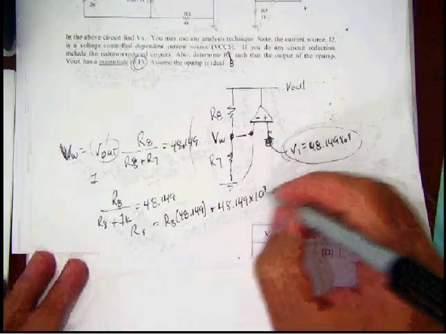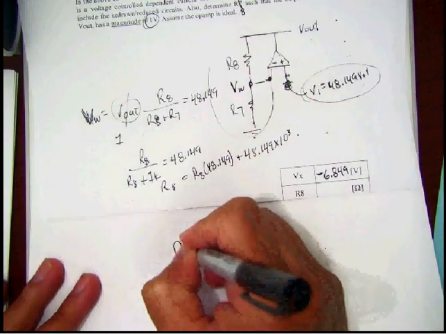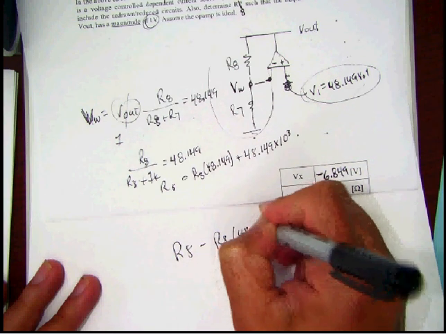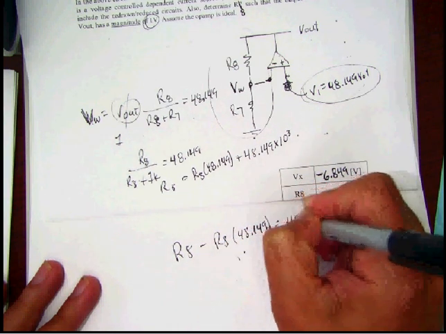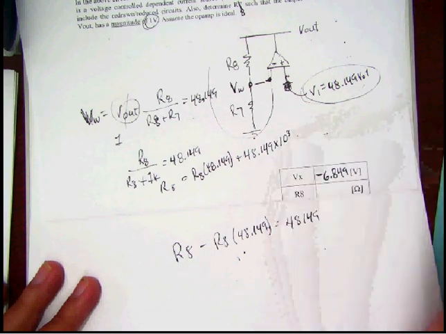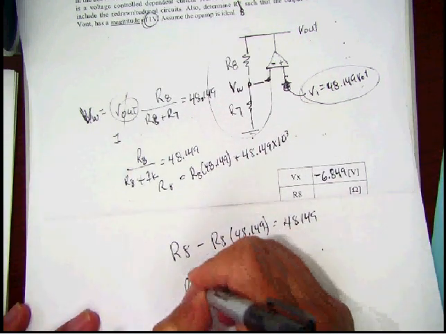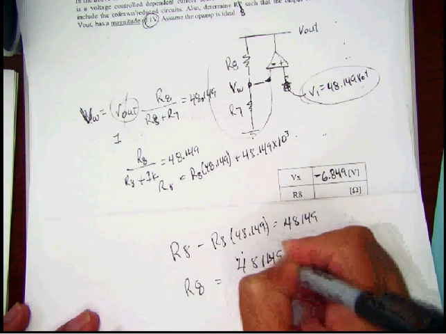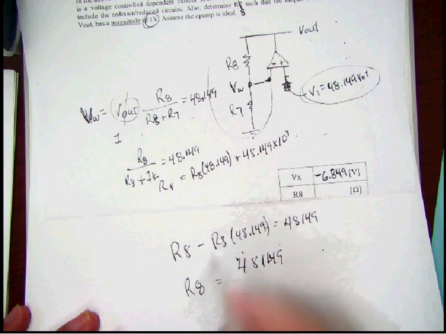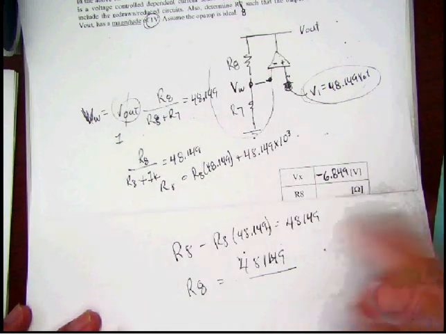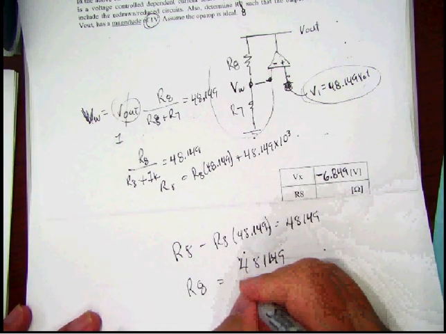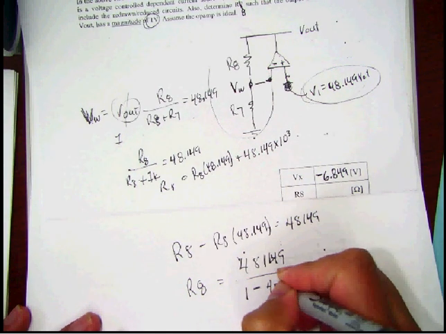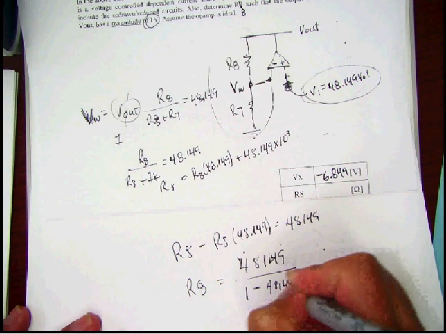Subtract from both sides, factor out, divide. 48.149 over 1 minus 48.149.